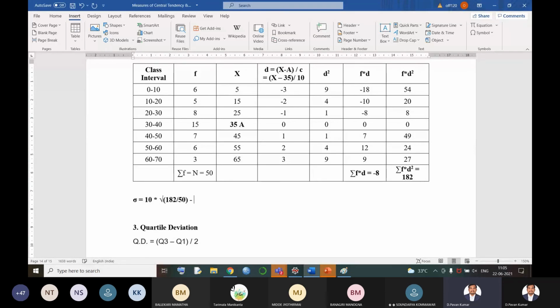Now next, minus the second expression, summation fd by n whole square. That means minus 8 divided by 50 whole square. 19.01 is the answer. So that is how we calculate our standard deviation answers.